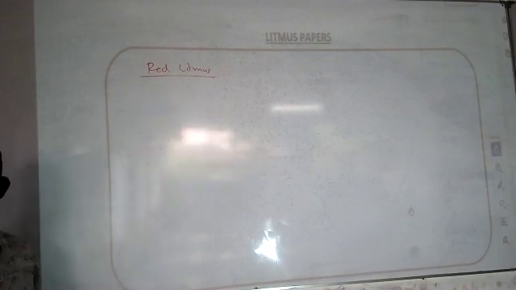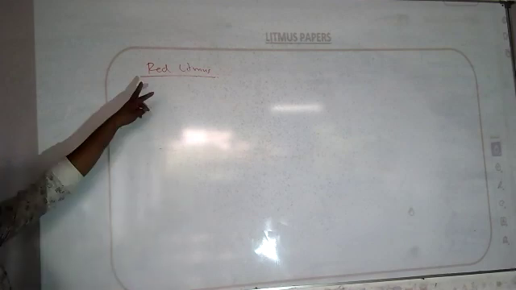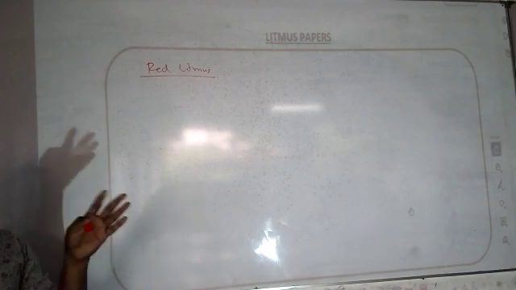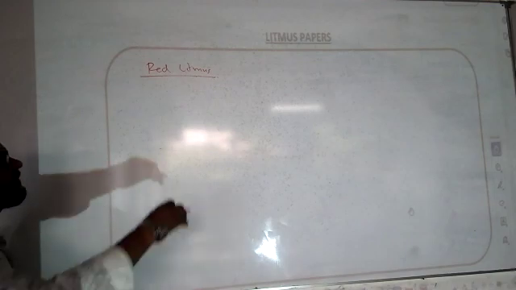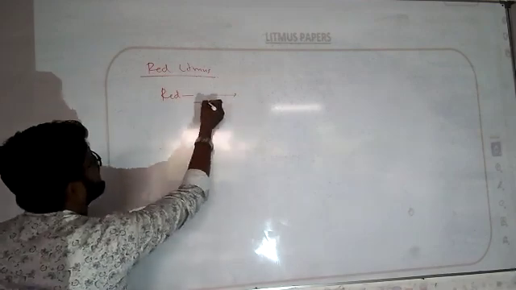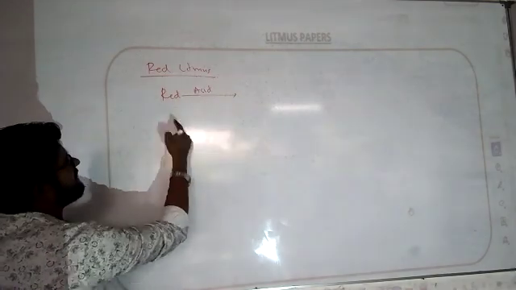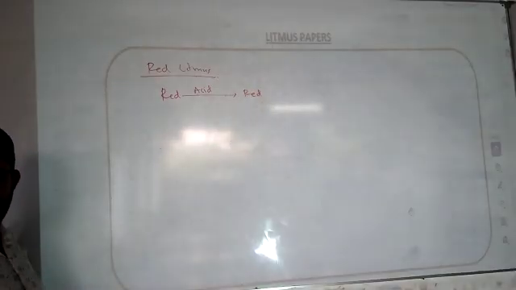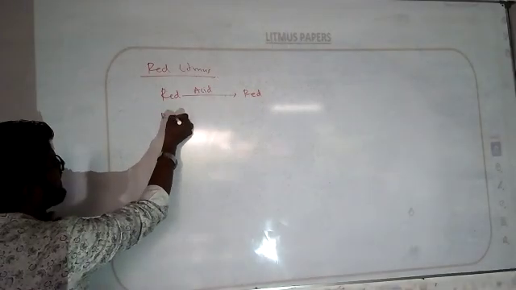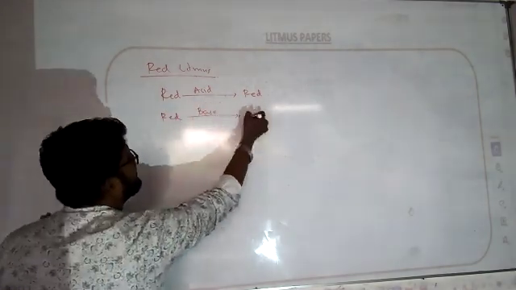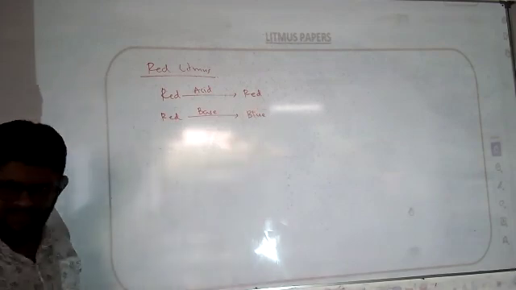Red litmus you apply in a base, what happens? It turns blue. Red in an acid remains red. Red in a base turns blue. Right?